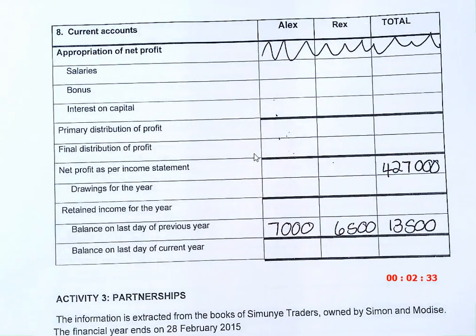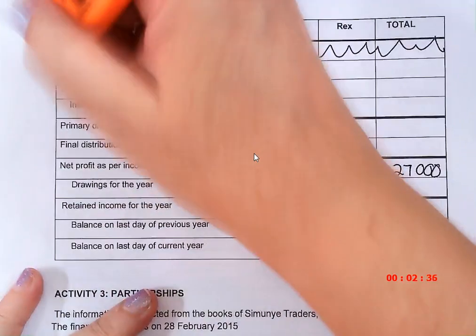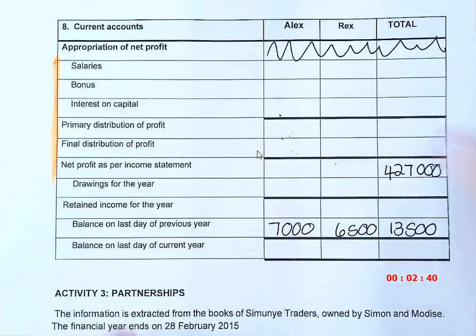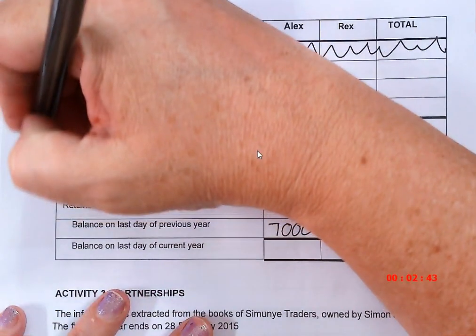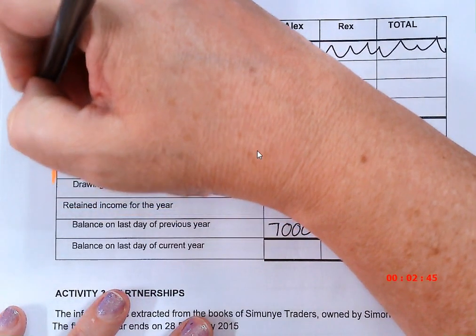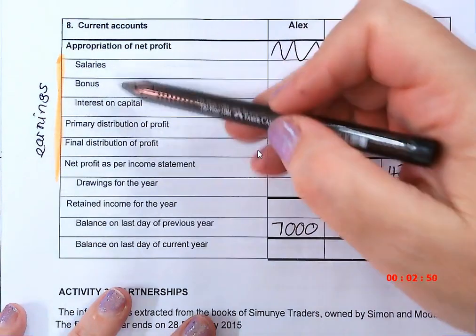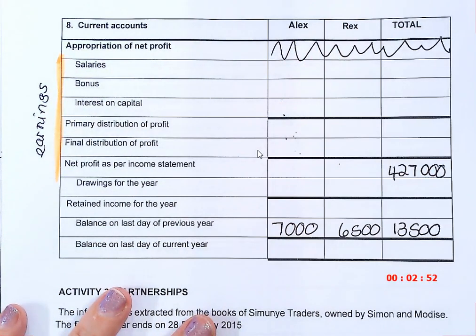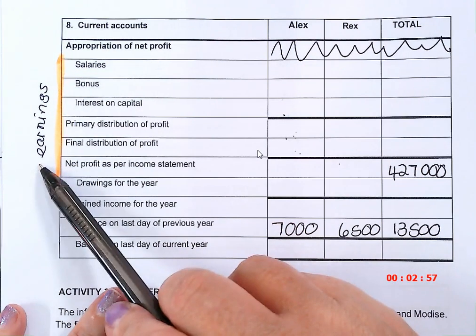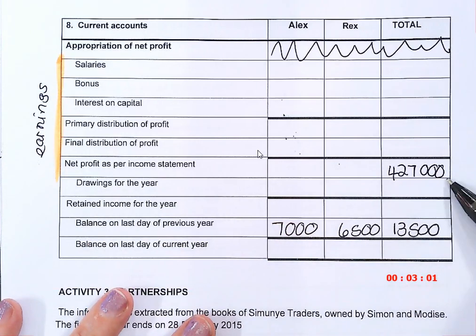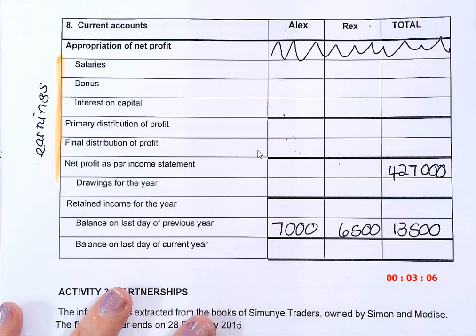Now, if you remember right, yesterday I said to you, up until here, these things here, is what we call the partners' earnings. Even though it sounds like things in the income statement, I will not put this salary, bonus, interest in the income statement. They don't go there. They are part of the partners' earnings. And what's the partners' earnings? The part of the net profit that goes to Rex, that goes to Alex.